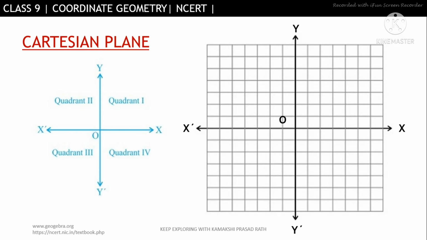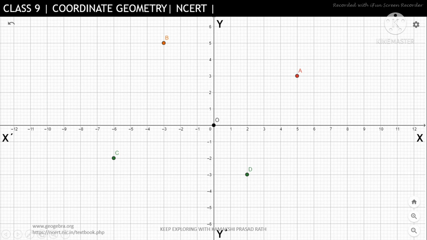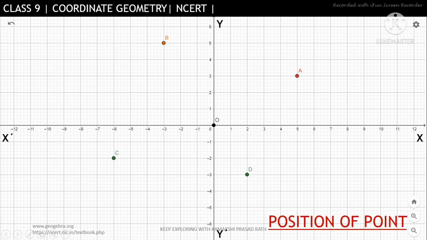To understand the Cartesian plane better, let's consider this. Now you can see here we have a graph paper on which the axes are represented as x dash, x, y dash, y. You can see here x is the positive side, x dash is the negative side. Similarly, y is positive and y dash is negative. Now here we'll see what the positions of these points are. These points you can see are A, B, C, D. So which quadrants do they lie on?